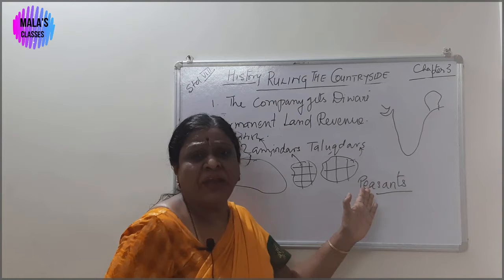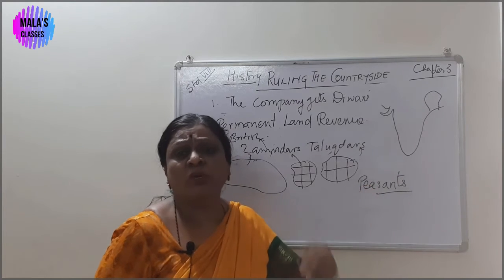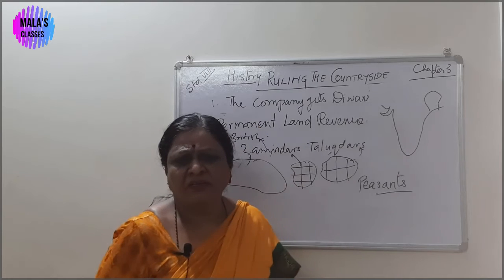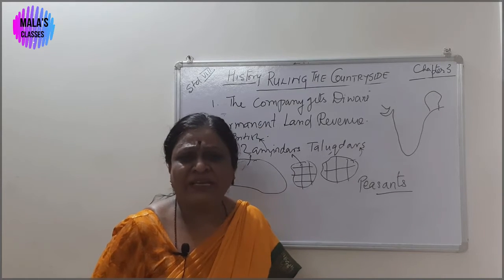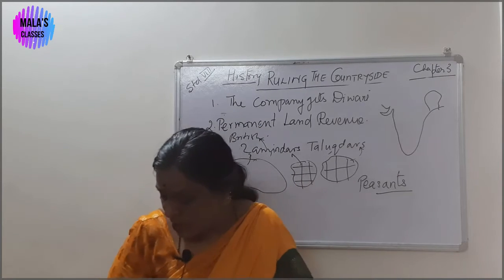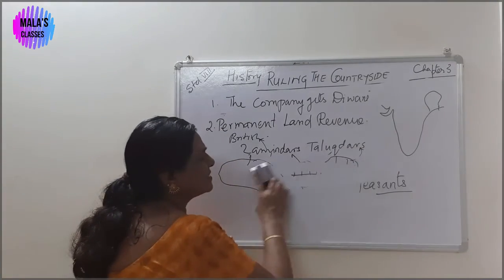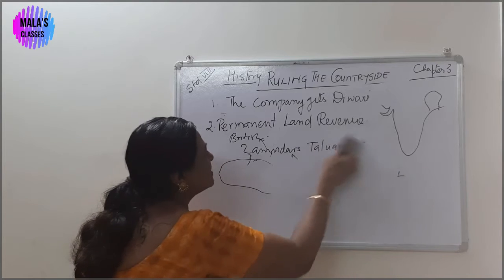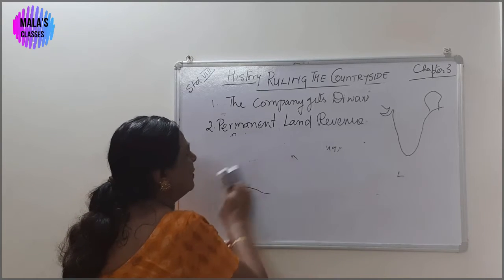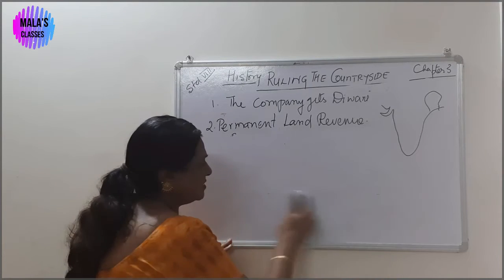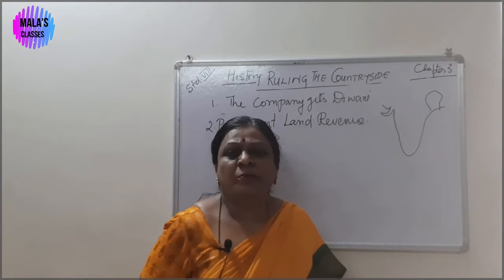He toiled hard and became poorer and poorer. Ultimately, the peasant left. He would rather be doing something else than working in the farms. So the permanent land revenue system did not succeed. But they succeeded in doing one thing with it. What did they do? They made the peasants of Bengal very poor.